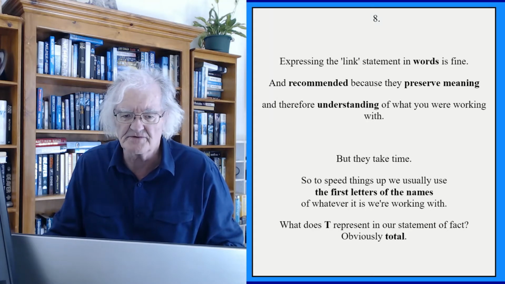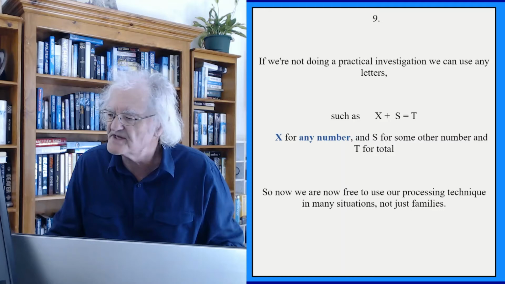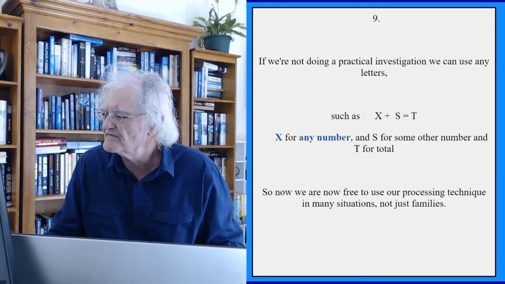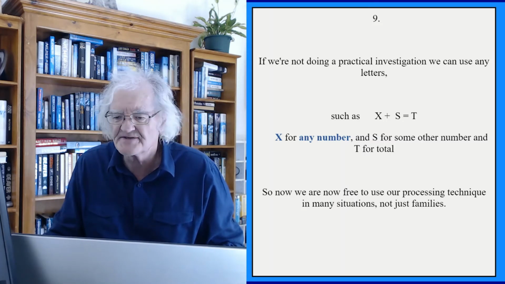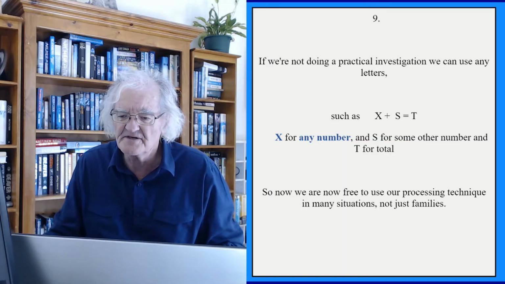Obviously, total. If we're not doing a practical investigation, we can use any letters, such as X plus S equals T. X for any number, S for some other number, and T for total. So now we are free to use our processing technique in many situations, not just families.